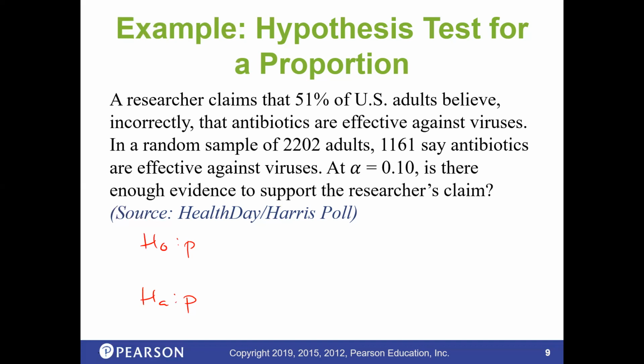I assume antibiotics are effective only against bacteria, right? That's kind of what I'm thinking. That's what it's trying to say. Okay, so I'm thinking this is right here. Is that right? True there. So that means this is not. So to me, that speaks of a two-tailed test right away.